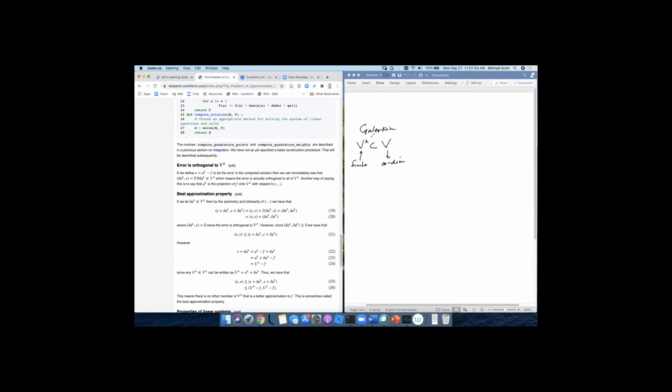And this subspace relationship, although it seems like a trivial or obvious thing to do, yields some beautiful properties in the methods if they satisfy this relationship.